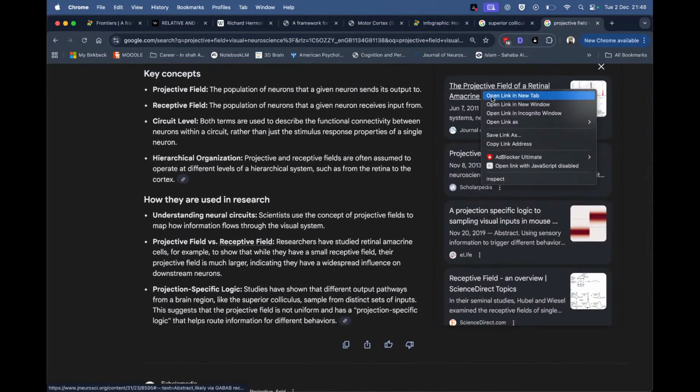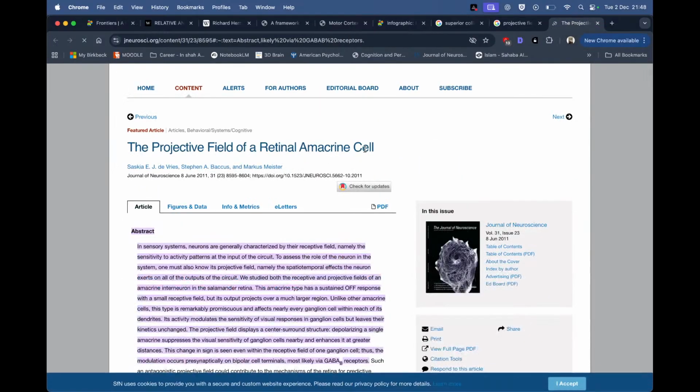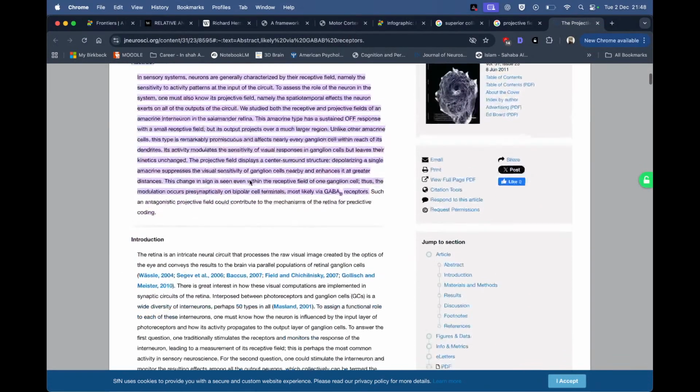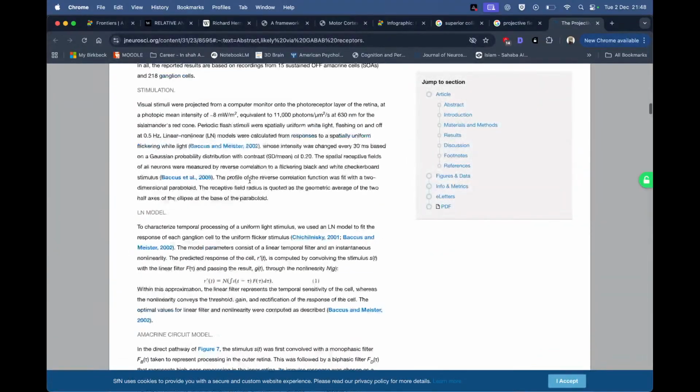Interesting. So amacrine cell. So wider projection. Okay, interesting.